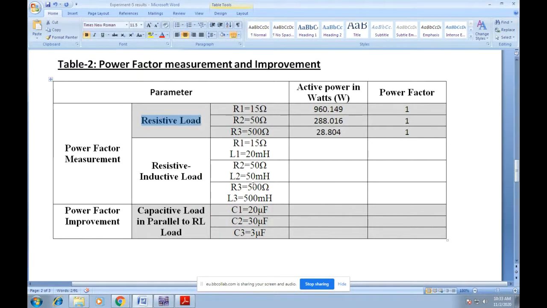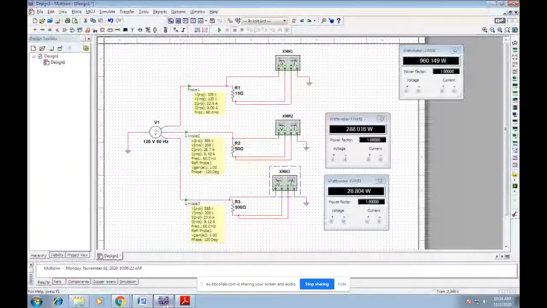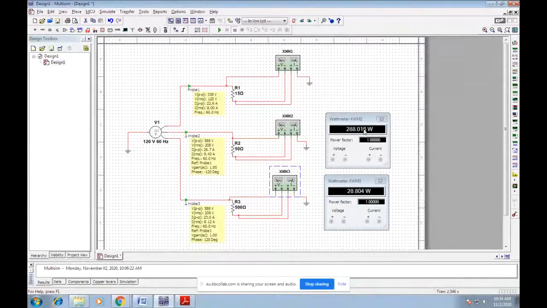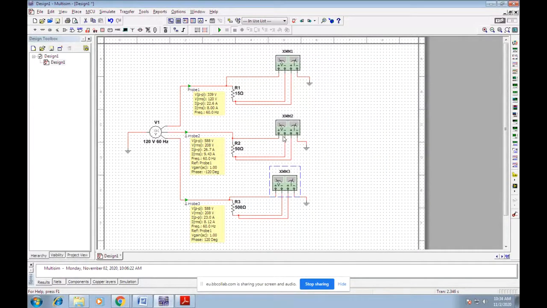Now what we have to do is connect an inductor in series with the resistor. The values of the inductances are 20 millihenry, 50, and 500. So let us do this. First of all, close this wattmeter. Then we have to delete all of these.